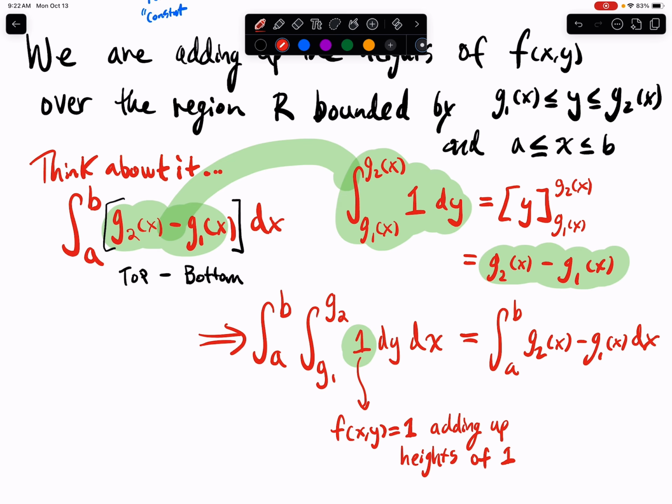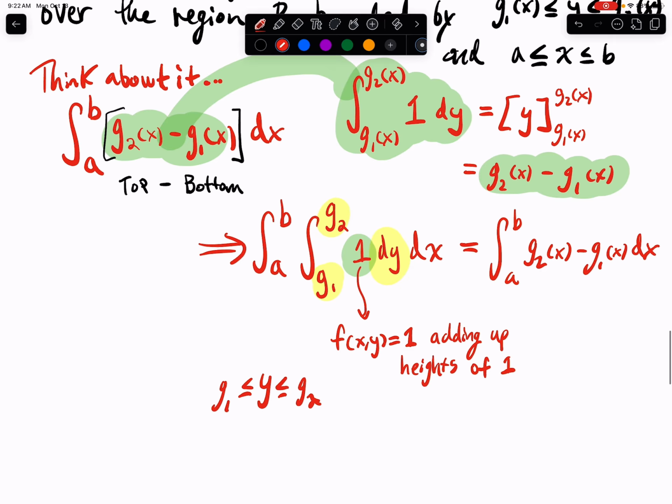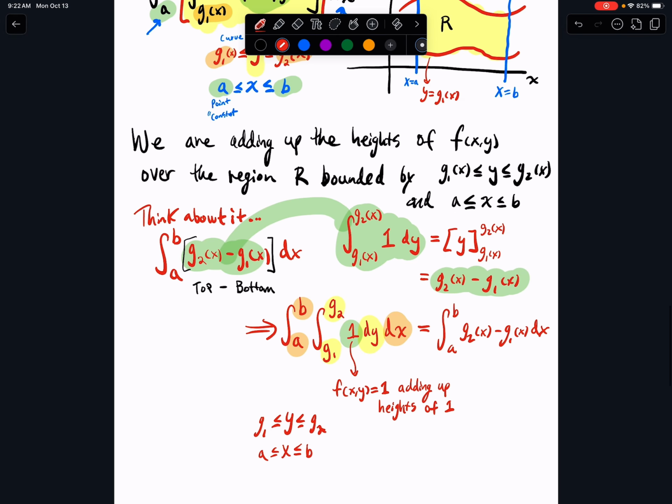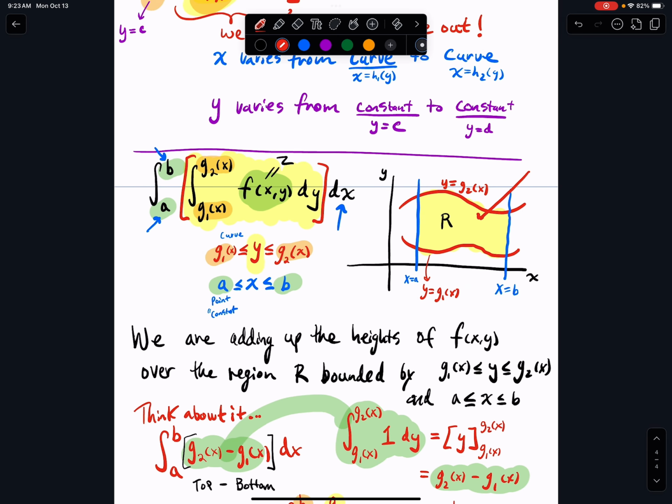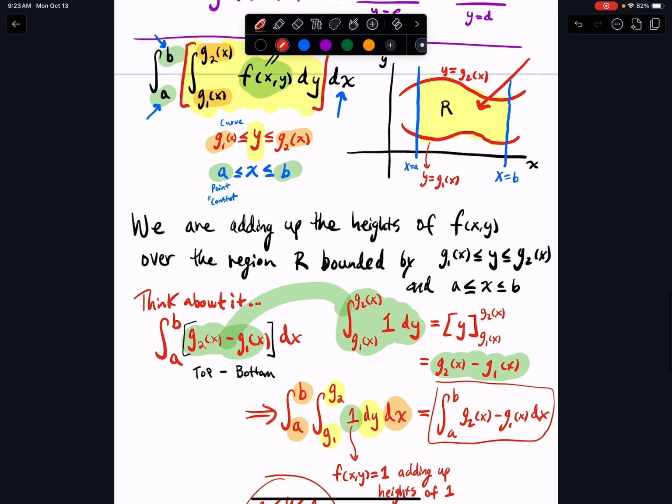On the region where y is bounded between g1 and g2, so y is stuck between g1 and g2, and x is stuck between a and b. That's the same picture we just drew up there. That region is this region right here. And I just showed you that that is equal to this thing right here.